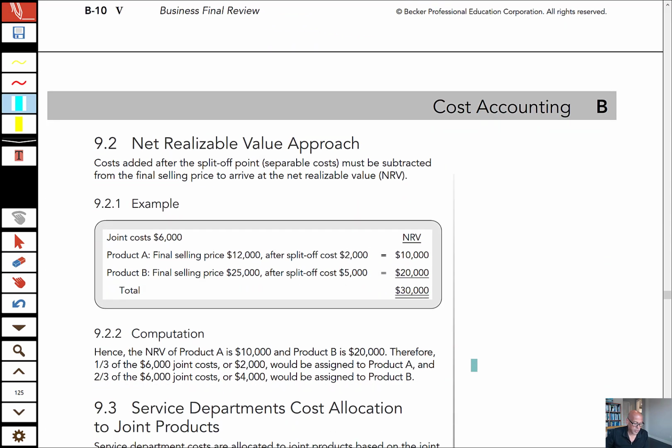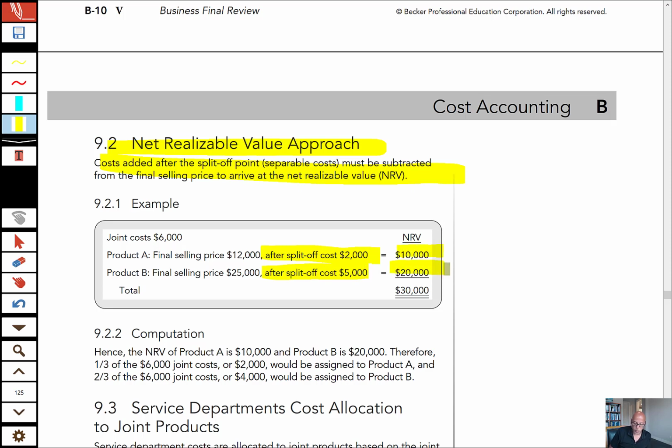Now, sometimes you can't sell a product at split off. You just have a bunch of soles of shoes sitting there, and you have to continue to develop them into running shoes, whatever it is. If that's the case, you could use the net realizable value at split off point. Under that scenario, you have to consider what additional cost you're going to incur to complete those items.